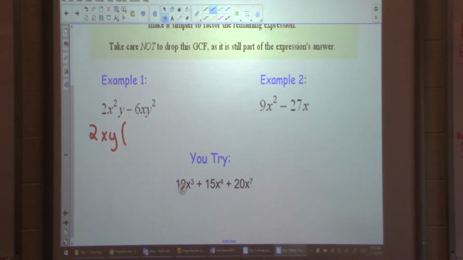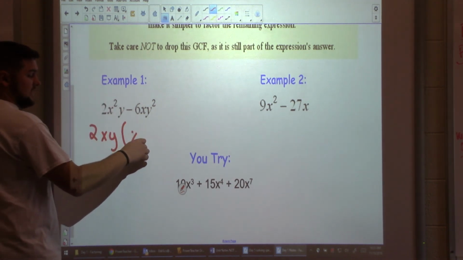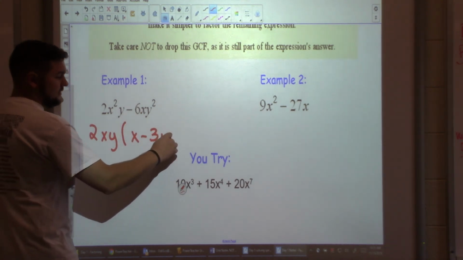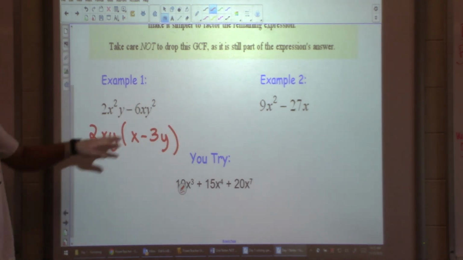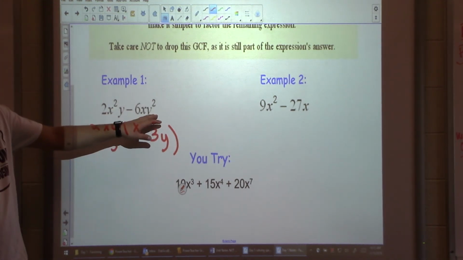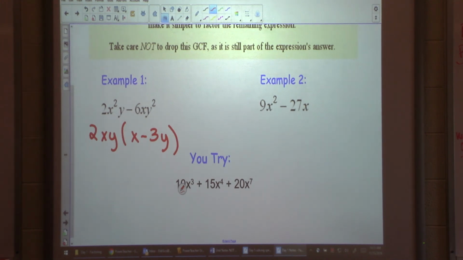If I can factor things out, I'm going to do that. The first term, all I'm left with is an x. The second term, I'm left with 3y. I took a 2 out of here, I was left with 3. Took an x out, so it comes out. Took a y out, I'm left with y in that second term. That's all I had to do.